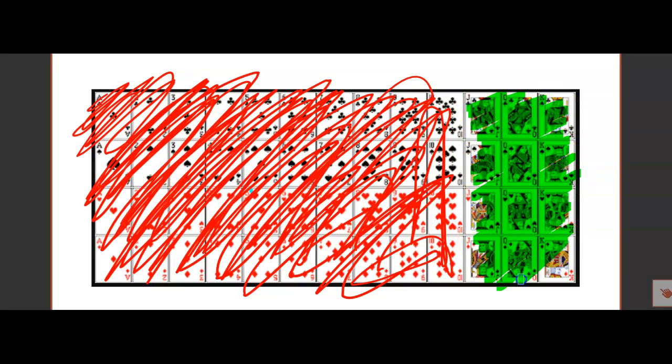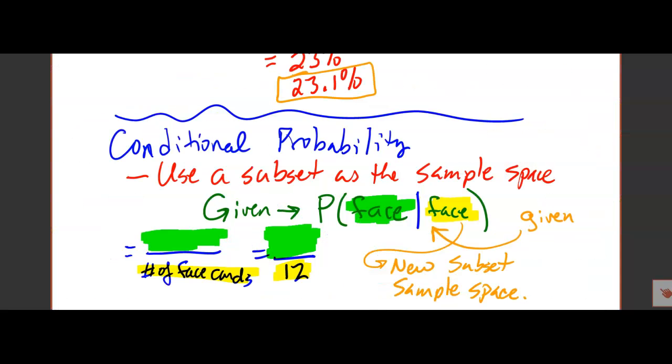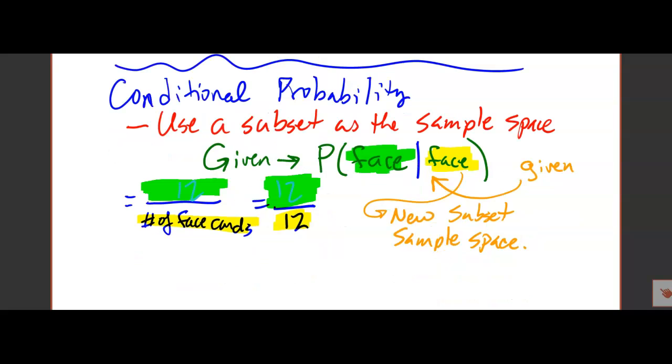I'm highlighting all the face cards, and there are actually 12 face cards in that set that I'm choosing from. So I say 12 over 12. And this actually makes sense. The probability of a face card given a face card is 1, or 100%.